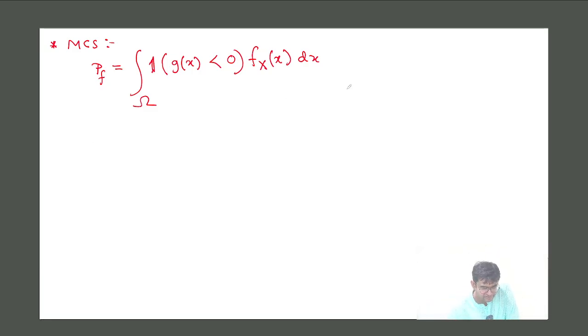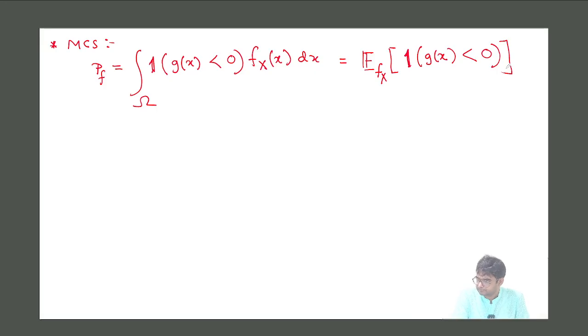Then we said that this is nothing but the expectation with respect to the PDF of x. I generally write it one way, but I am going to change the notation today. You will realize later why I am doing it. So, I will write it with respect to the PDF of x of the indicator function g x less than 0.